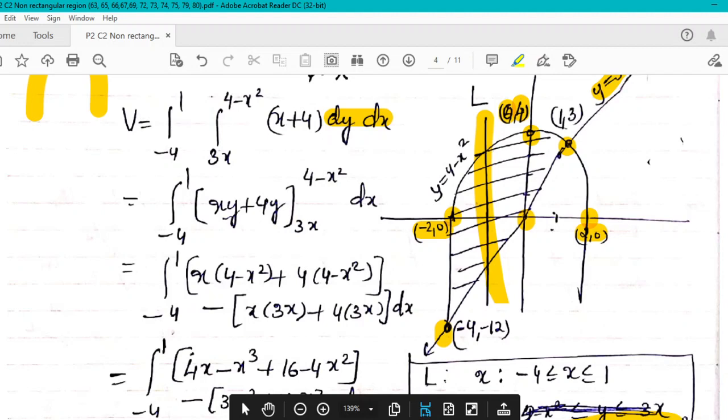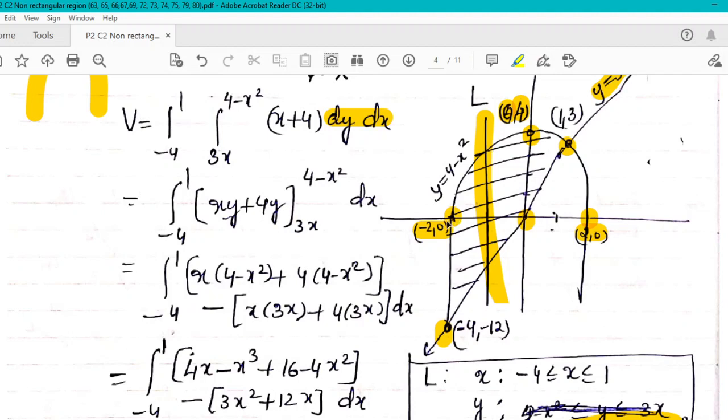Okay. Similarly, we can see that this line covers this whole region when we shift this line from this point to this point. So at this point, what is the value of x? We will be shifting.